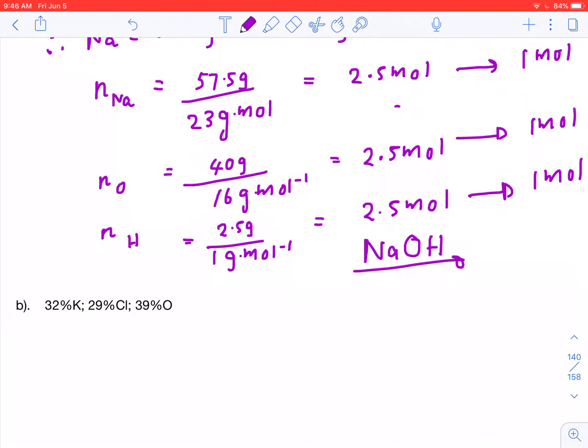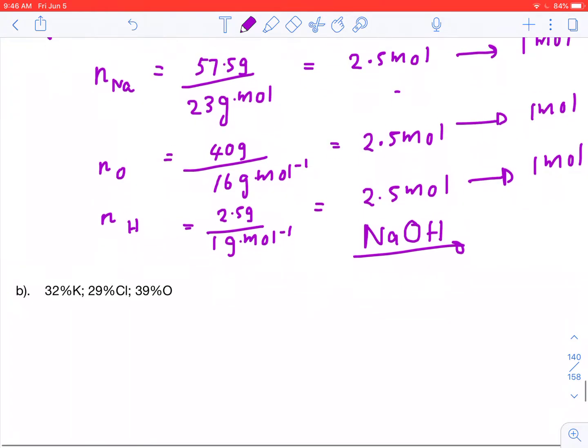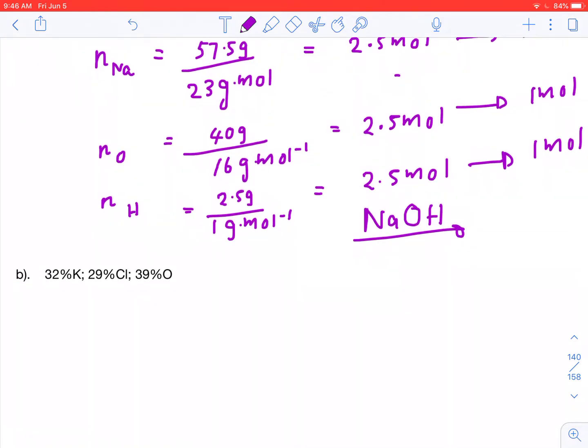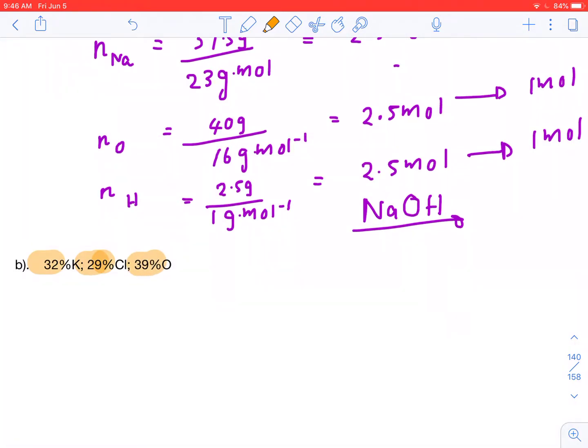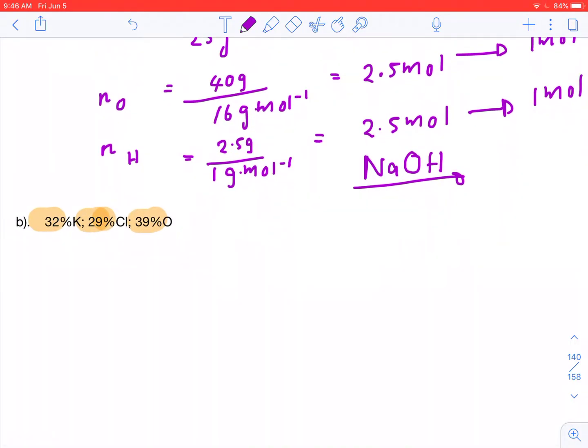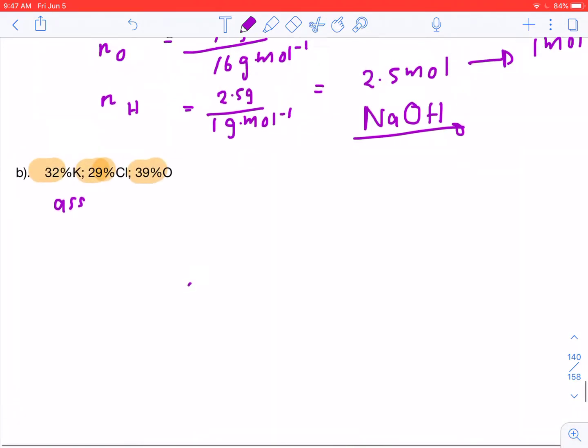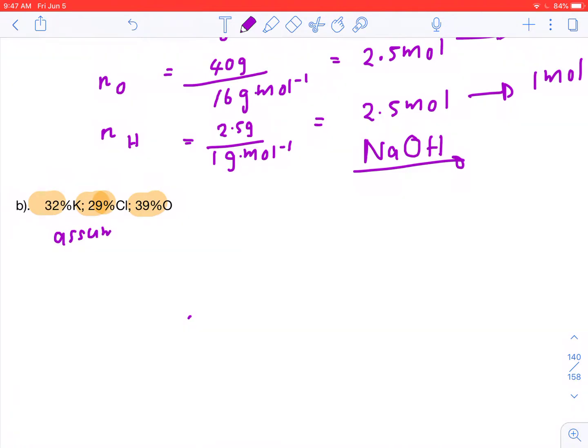Now let's look at KClO3. Here we got 32% of potassium, 29% of chlorine, and 39% of oxygen. Okay, so if we want it in terms of mass, we assume a 100-gram sample.